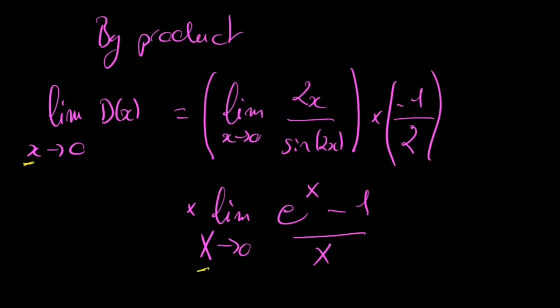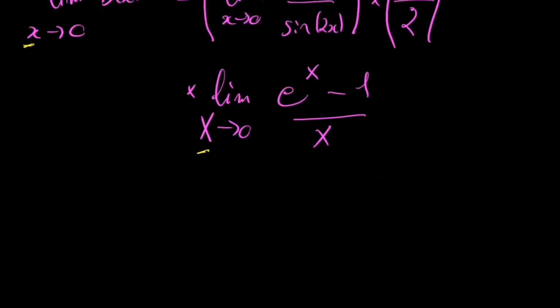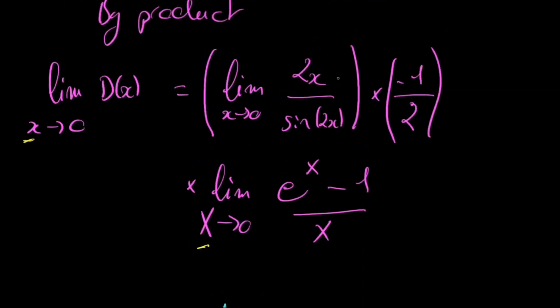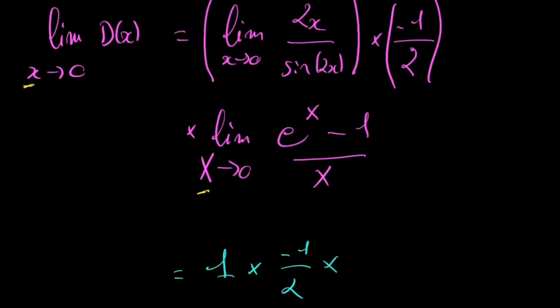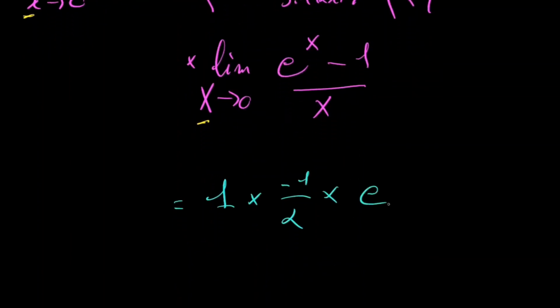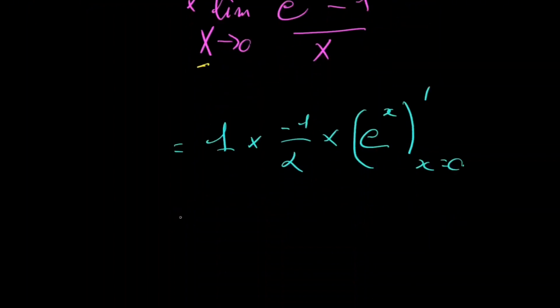And what do we have here? For the first one, it is equal to 1, as we said, because this is x over sinus of x when x tends to 0, times minus 1/2, this constant, times exponential of x prime in 0, which is equal to 1 times minus 1/2.